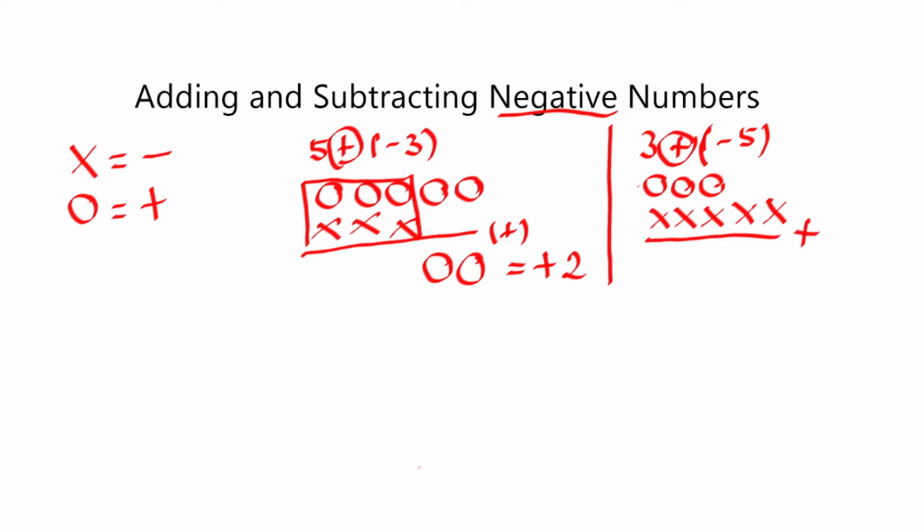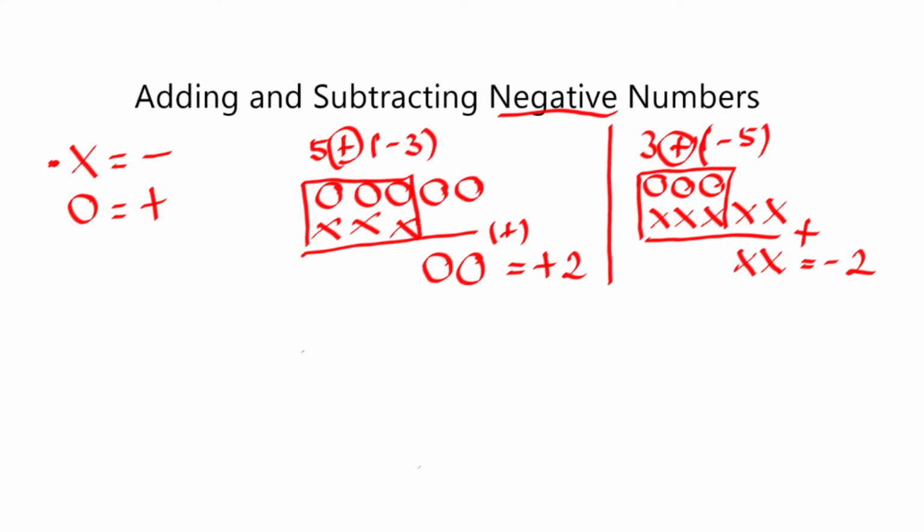Again, those two are cancelling each other, therefore those two will cancel each other, and in the end we're gonna end up with those two counters, which represent our negative numbers. Okay, so the answer is gonna be minus 2.